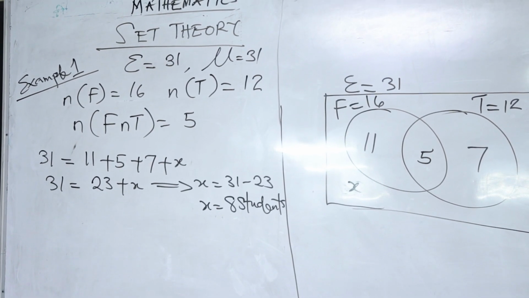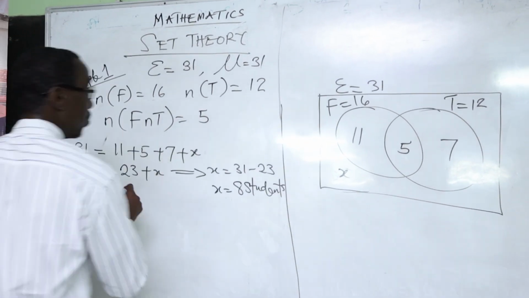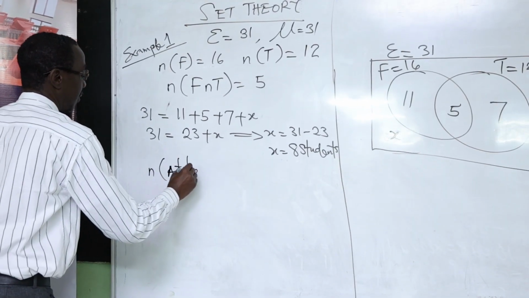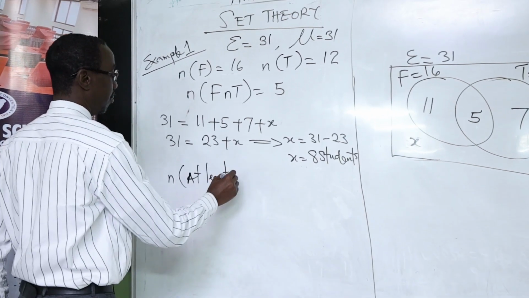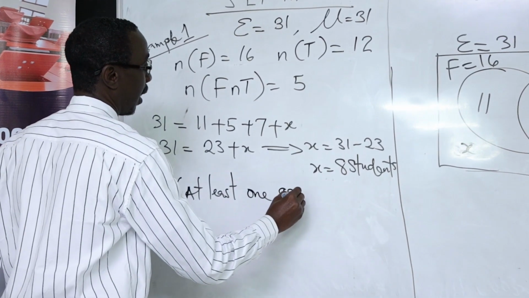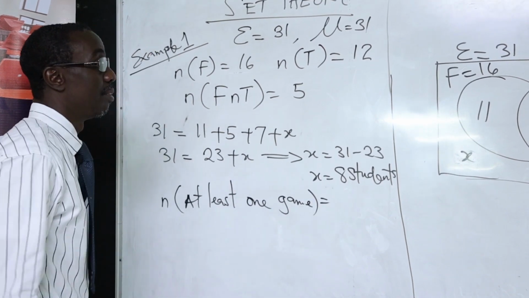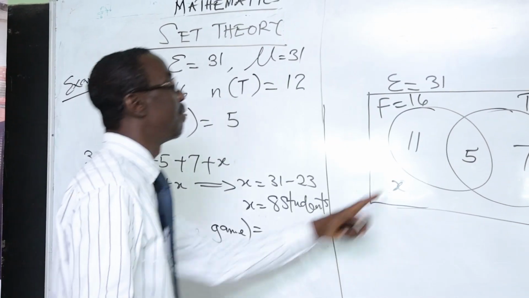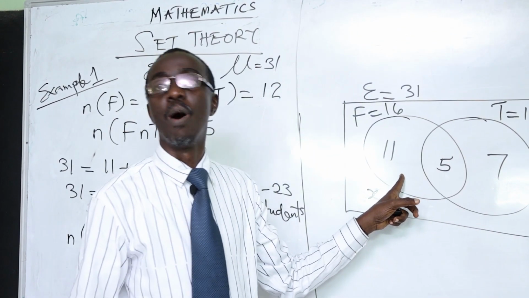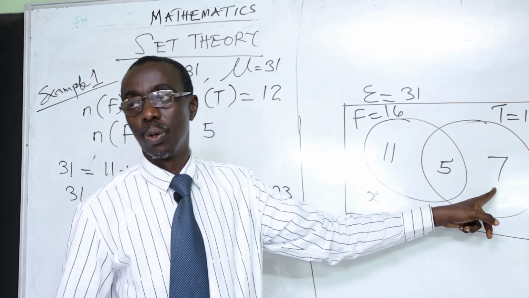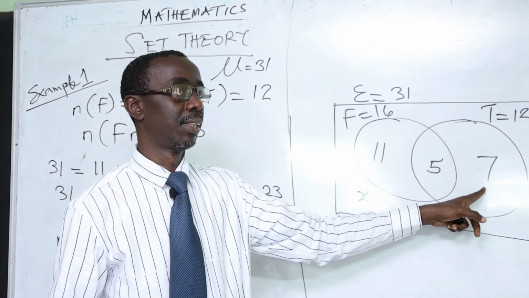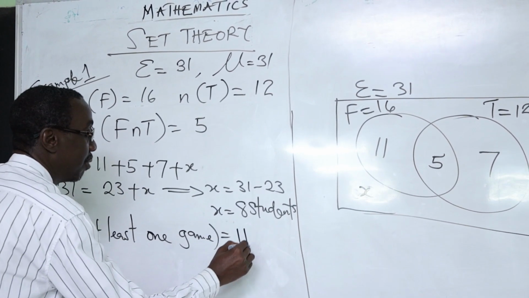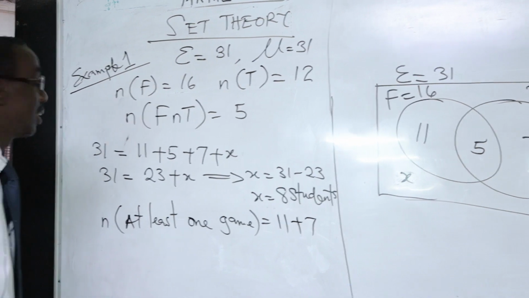So can we look at those students? So I want to say the number of at least one game. This is one game, 11. This 11 represents what? Football only. 7 represents what? So if it is one game, you can say 11 plus 7, at least one game.